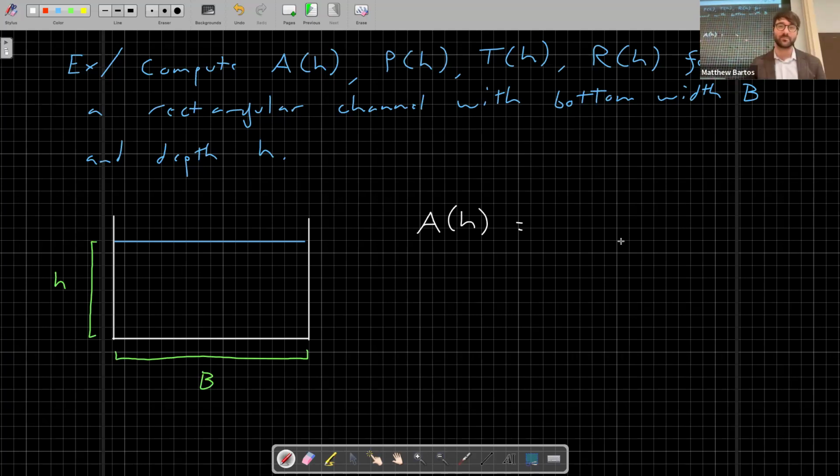B times H, very good. So it's just the area of this rectangle here, which will be bottom width B times H.